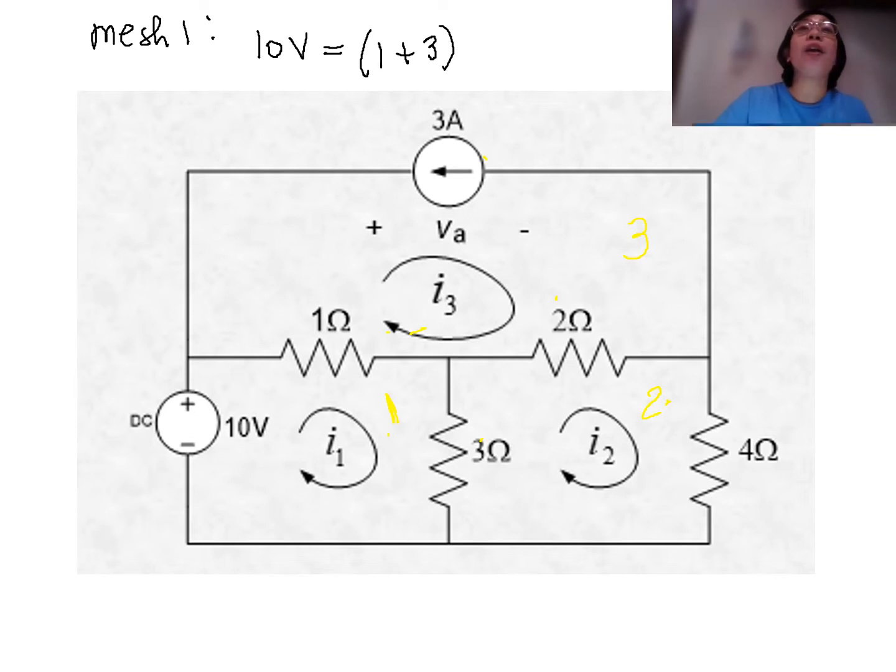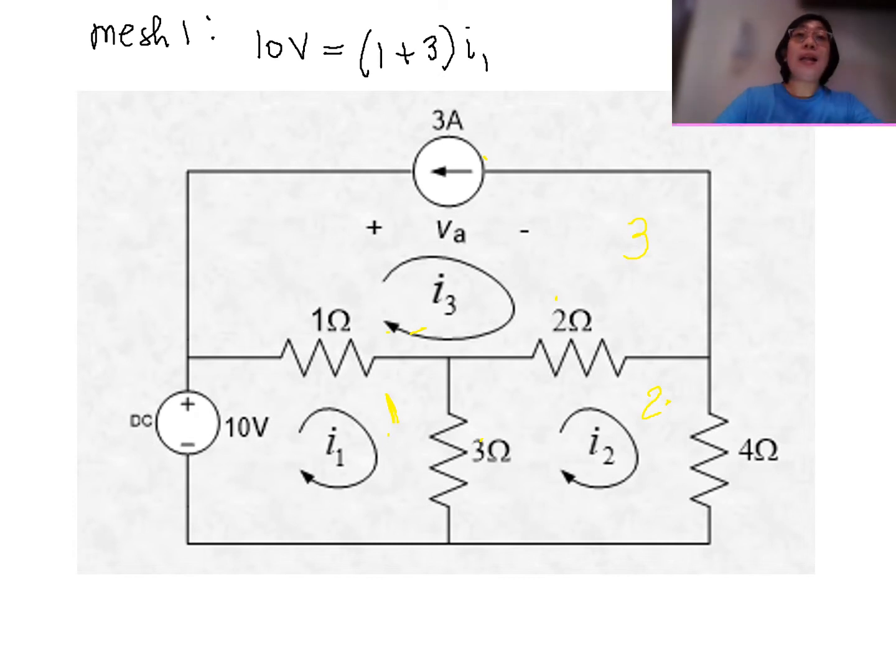So we have here I1. And as we mentioned a while ago, all mutual resistances, what does mutual resistance mean? Those that are being shared by 2 mesh currents will be treated as negative.